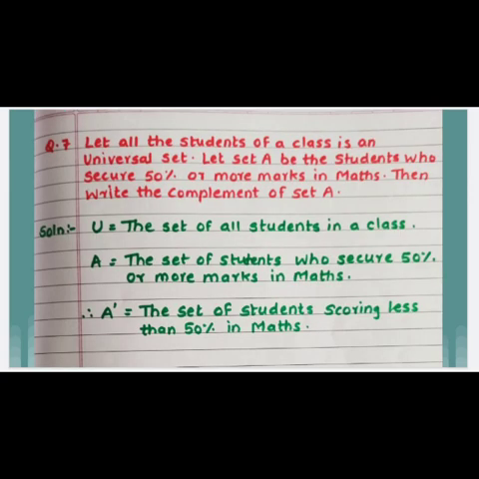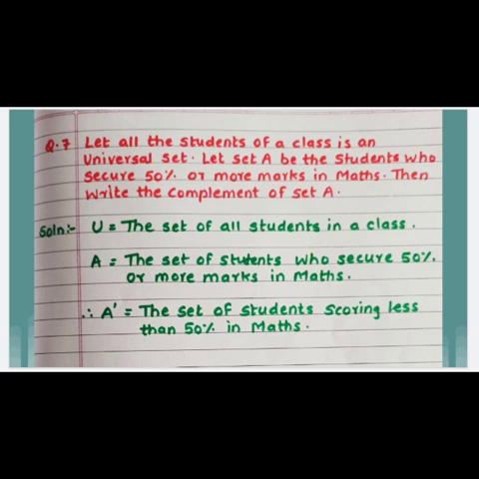Question number 7. Let all the students of a class be the universal set. Consider all the students of a class as a universal set. Let set A be the students who secure 50% and more marks in maths. Then write the complement of set A. So we will first write all the sets.